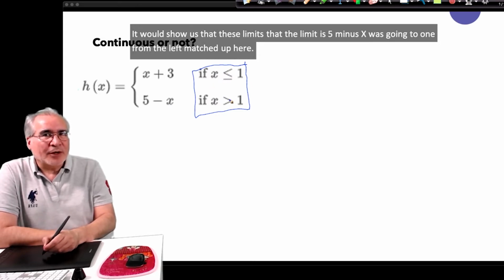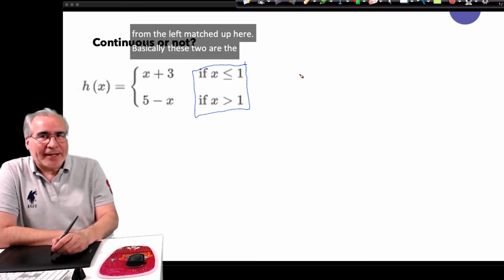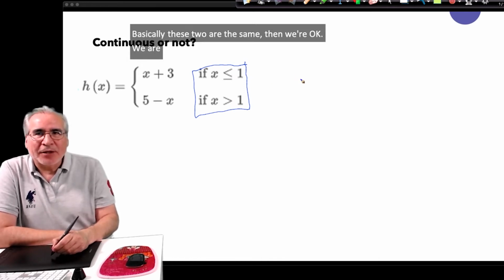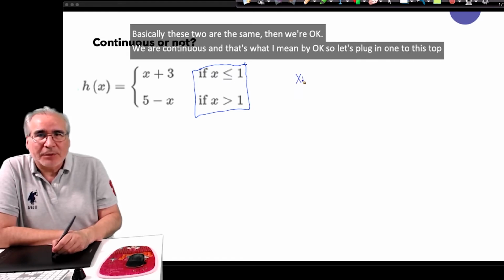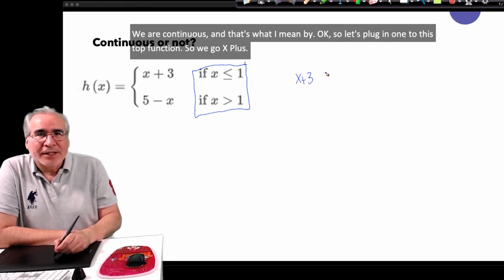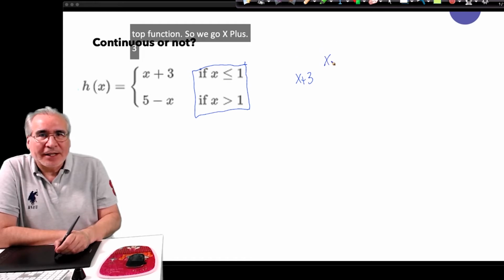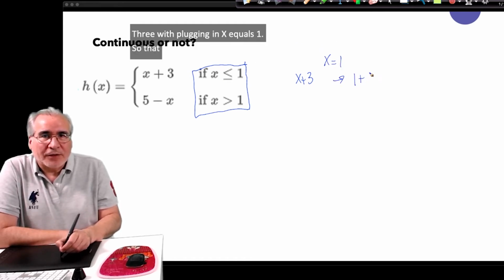Basically, if these two are the same, then we're okay. We are continuous. And that's what I mean by okay. So let's plug in 1 to this top function. So we go x plus 3 with plugging in x equals 1. So that gives us 1 plus 3 equals 4.